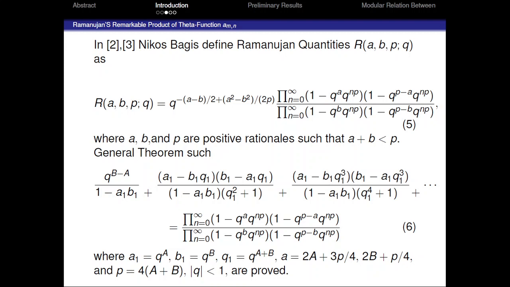That can be written in the form of the product for n equals 0 to infinity of (1 - q^a q^(np))(1 - q^(p-a) q^(np)) divided by the product for n equals 0 to infinity of (1 - q^b q^(np))(1 - q^(p-b) q^(np)). It is equation 3, where a1 is equal to q^a, b1 is equal to q^b, q1 is equal to q^(a+b), small a is equal to (2a+3p)/4, small b is equal to (2b+p)/4, and p is equal to 4(a+b), with |q| less than 1, are proved.